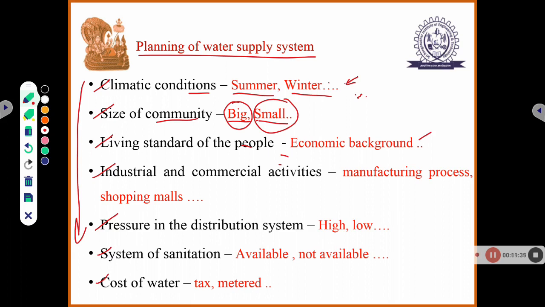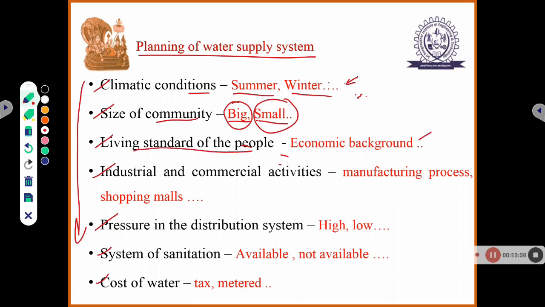In this case they use a large amount of water, so the water requirement is more. But low-income people use a minimum quantity of water. They use only public bathrooms, toilets, and so on. So according to the living standard of the people, the requirement of water will vary.